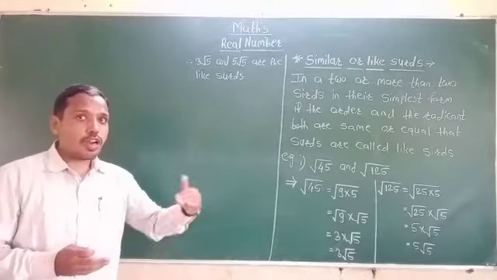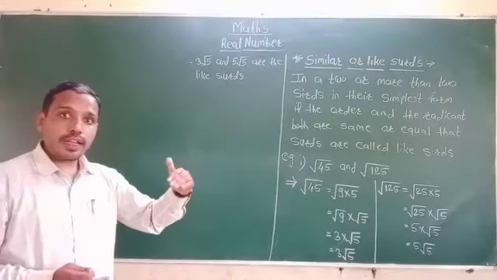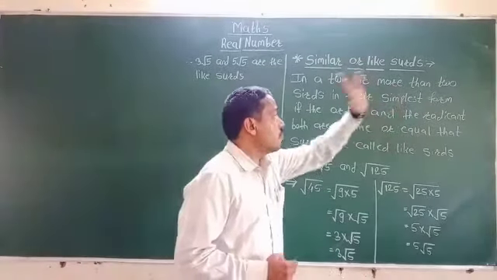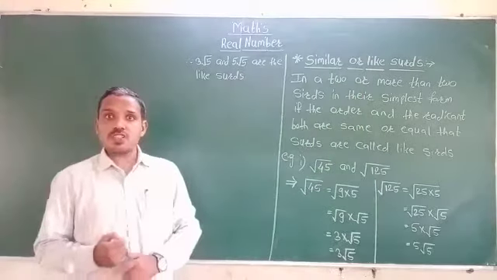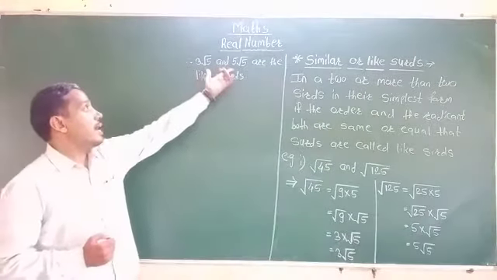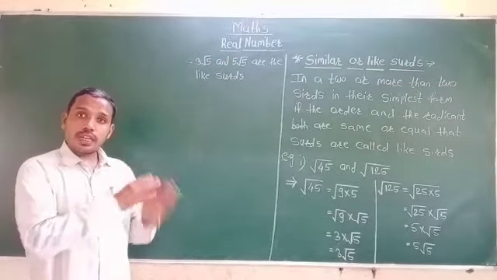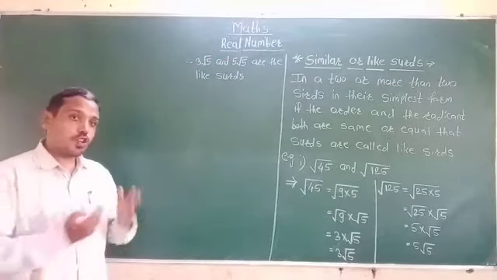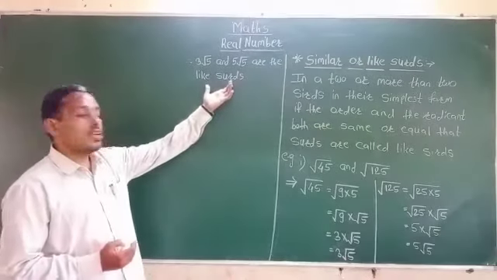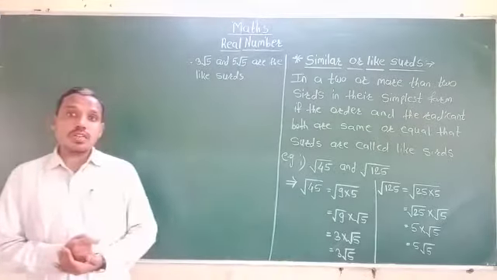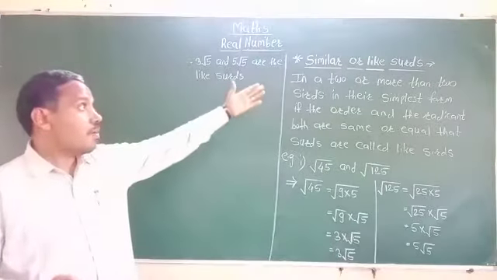When the order and the radicand are both equal in the simplest form, and only the coefficient is different, we call them like surds. In this way we find like surds.